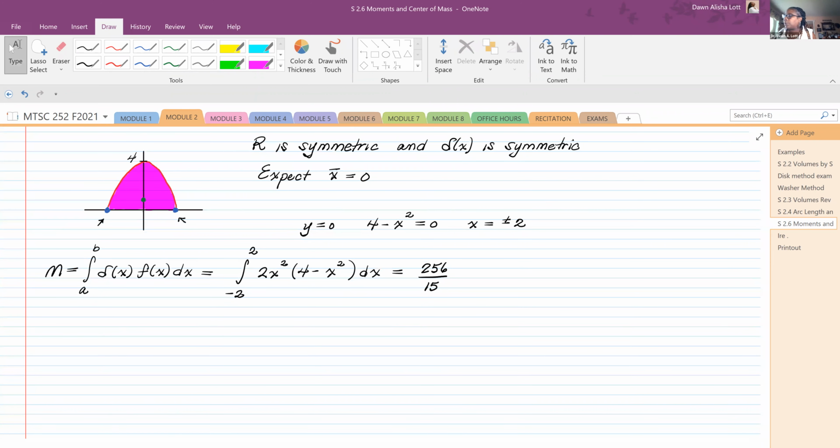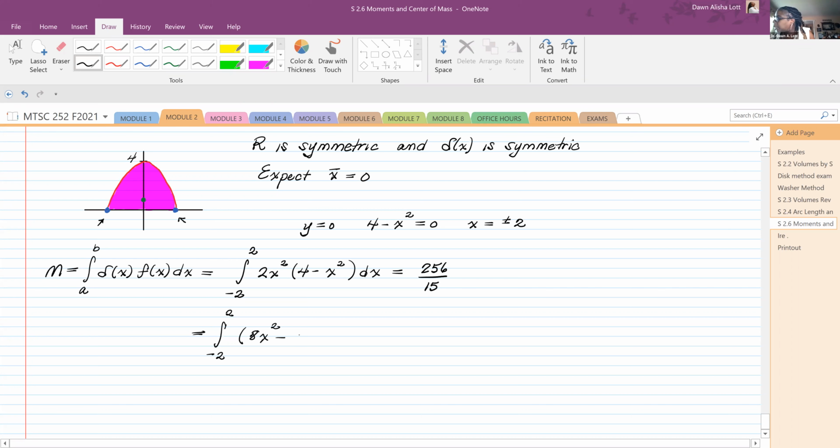So the step between that: I said this is the integral from -2 to 2. I got 8x squared minus 2x to the 4th dx.